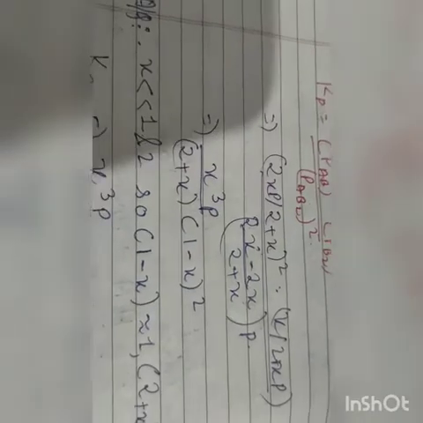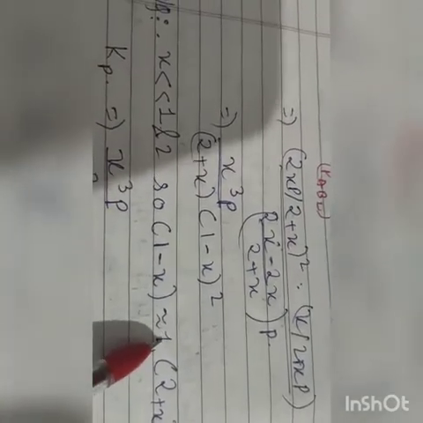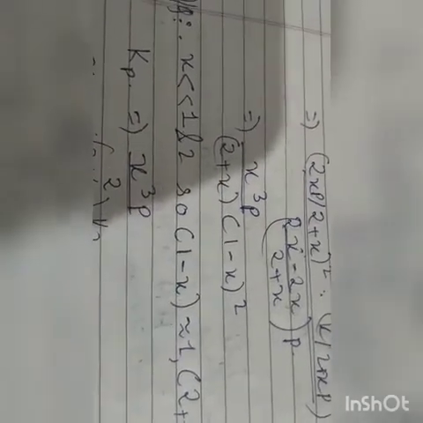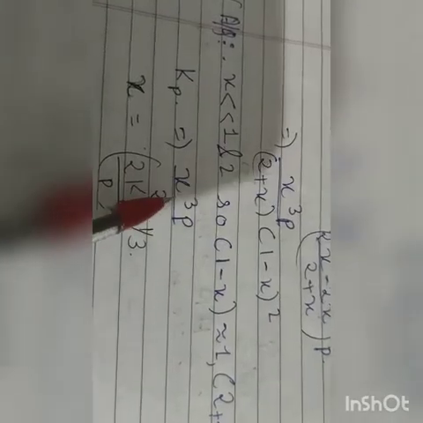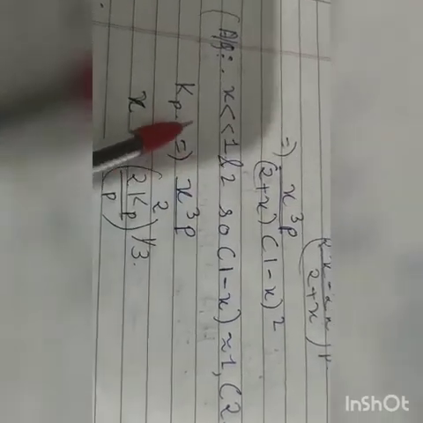In this question it is given that x is very less than 1. So 1 minus x we will consider as 1, as x is very less than 1, and 2 plus x we will consider as 2. So Kp is equal to x cube P by 2. So here we will bring x to this side and Kp to this side, so this is the value.